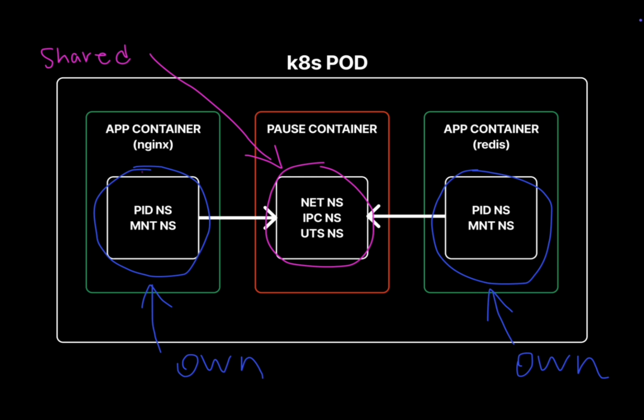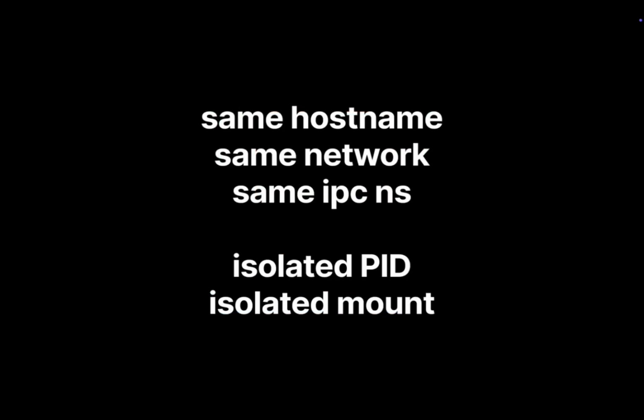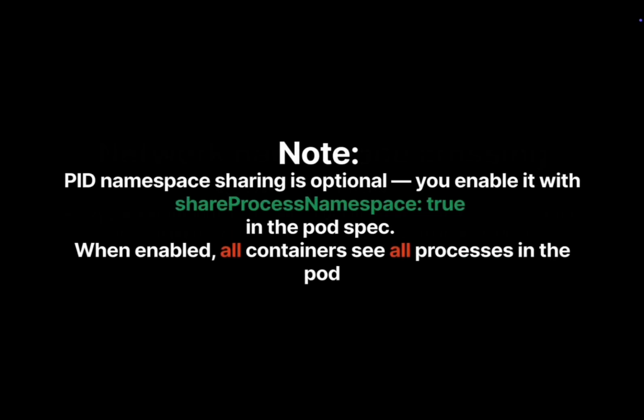And this is why containers in a pod can communicate via localhost. They share the same network namespace, meaning the same network stack, same loopback interface, same IP address. PID namespace sharing is optional. You enable it with shareProcessNamespace: true in the pod spec. When enabled, all containers see all processes in the pod, but I've never used this.